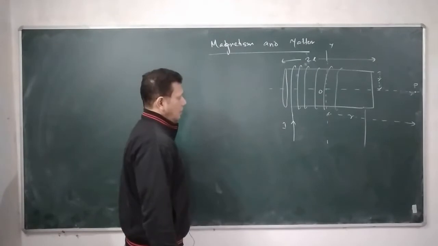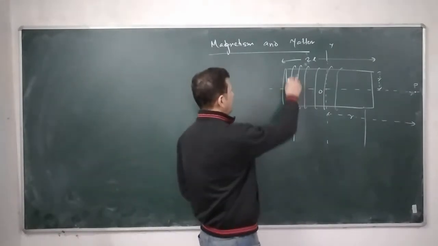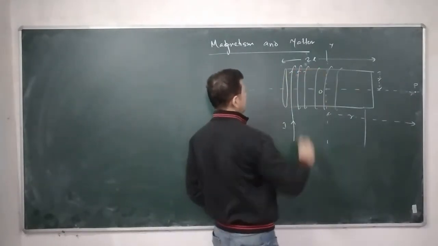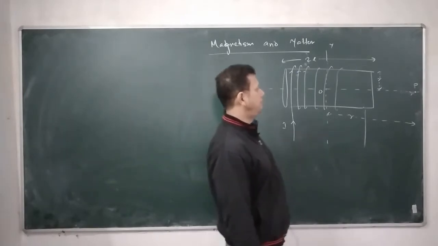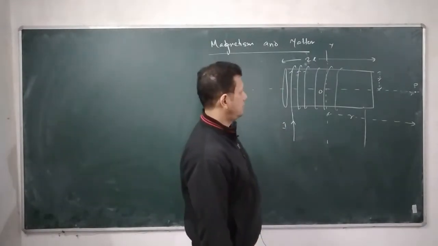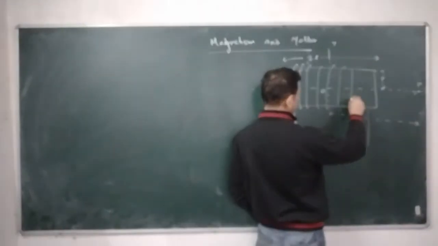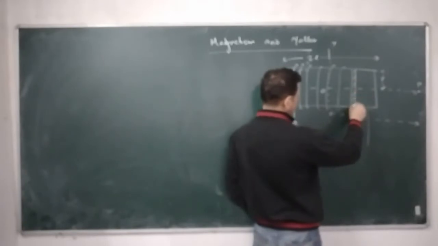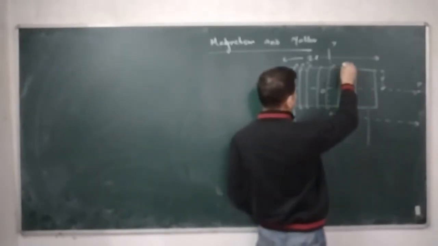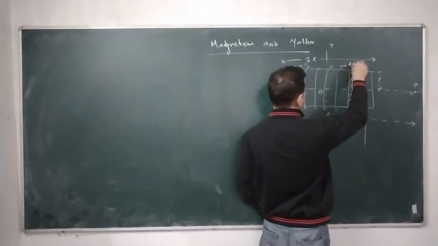So how can you determine the magnetic intensity at point P? For that, you have to consider a very small element within the solenoid. Let this be a very small element of the solenoid, and let the thickness of this small element be dx.